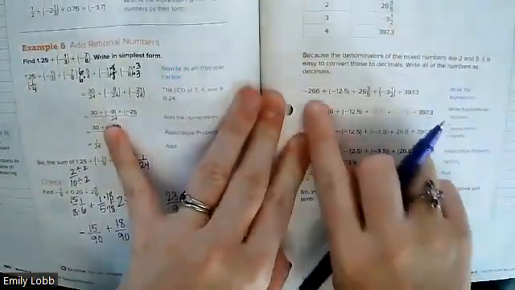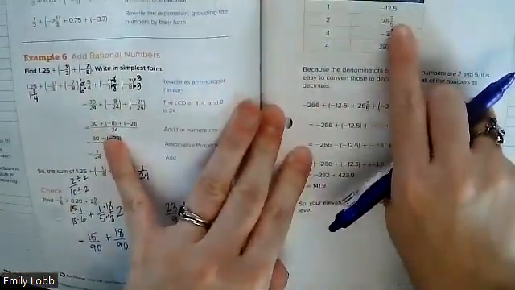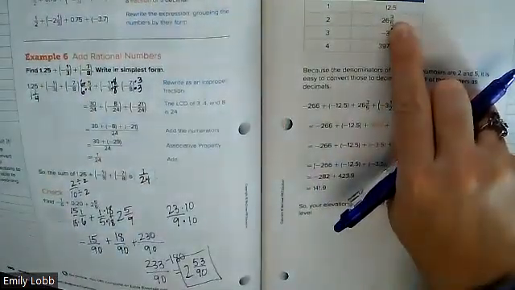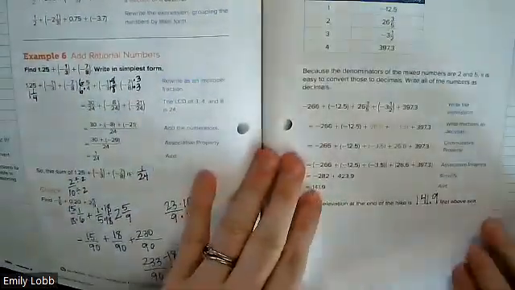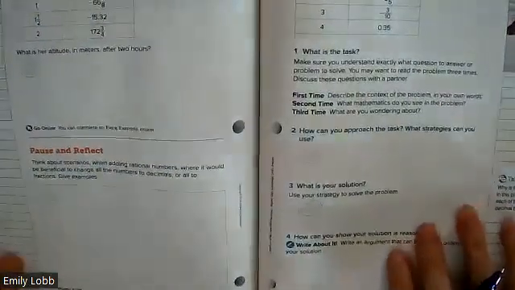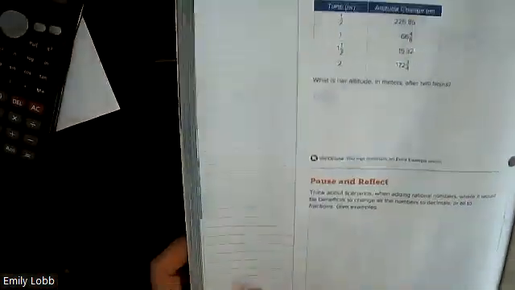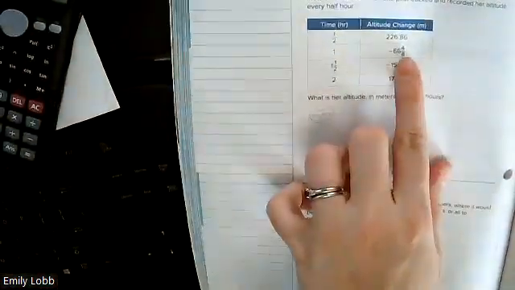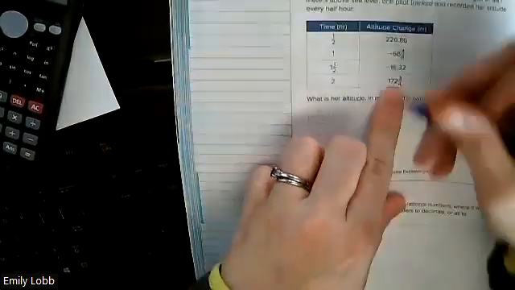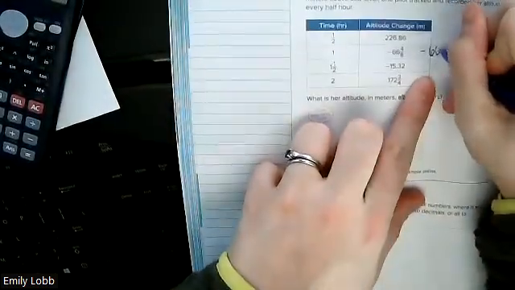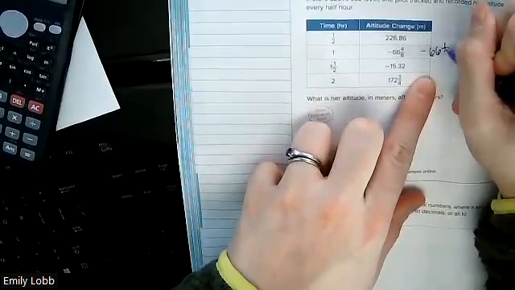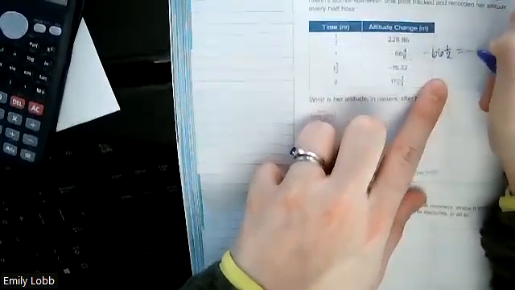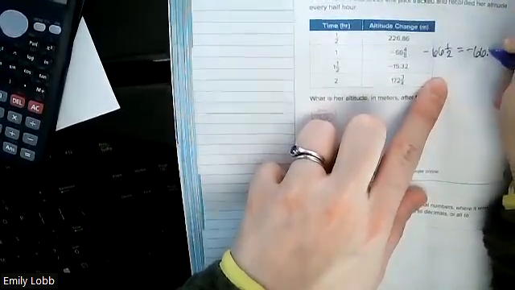Because they made this seem really simple, right? They changed these to decimals. Let's see what they give us. Okay, we can do this. 4/8 is 1/2. So negative 66 and 1/2 is the same as negative 66.5.